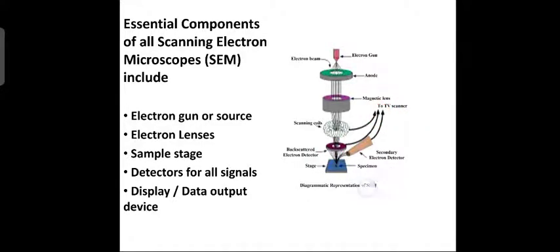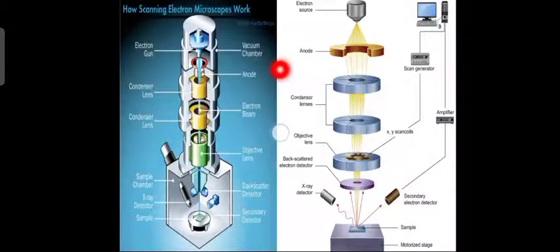Next slide. So, this is another diagram, or I can say a cross sectional diagram of the scanning electron microscope. You can see here the electron gun, which is actually inside the microscope. This is a cross sectional diagram. This is the vacuum chamber. The anode is here. Condenser lenses are here.